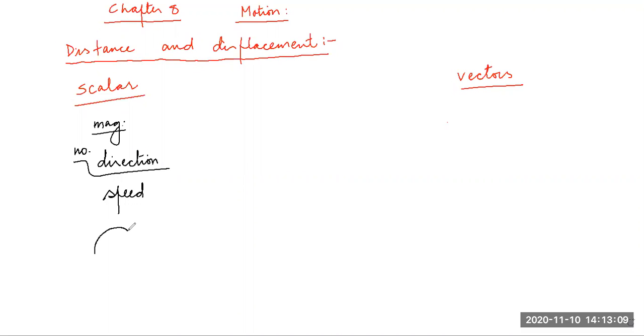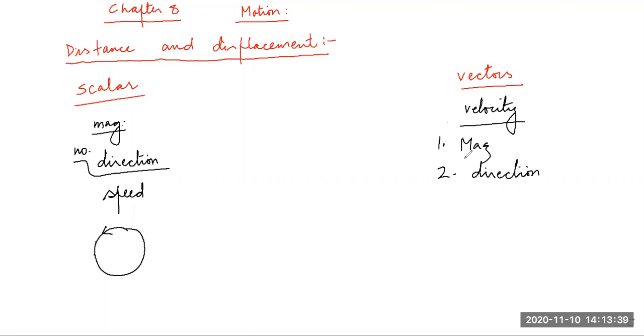If there is a point which is rotating in a circular path, I cannot say the point is moving with this much velocity. No, because velocity is a vector quantity, and a vector has two things. Number one, magnitude. Number two, direction. Both the parameters must be defined so it becomes a vector.